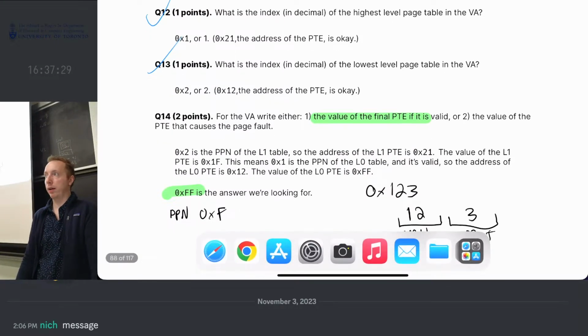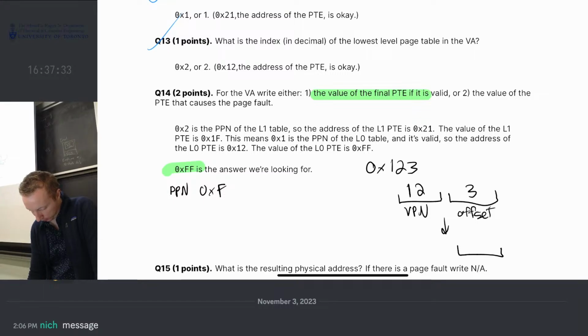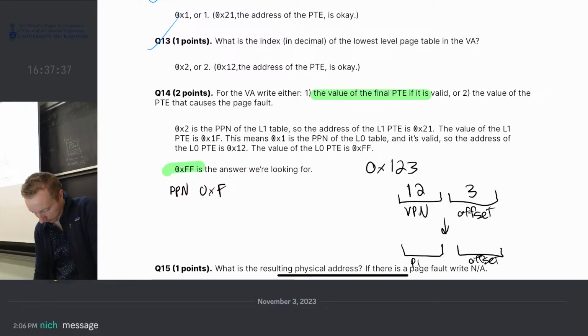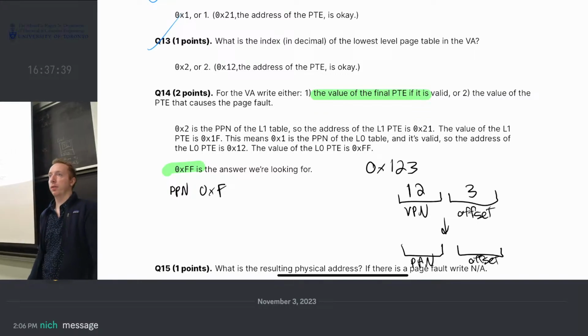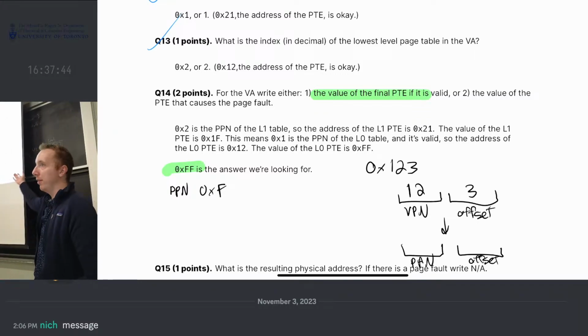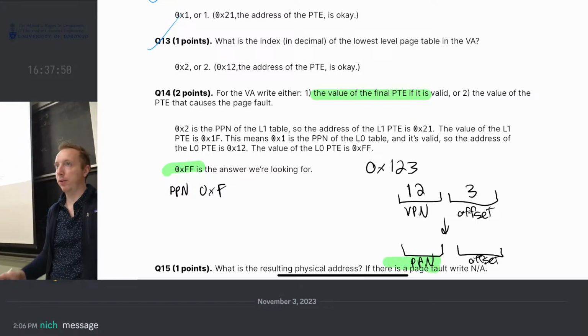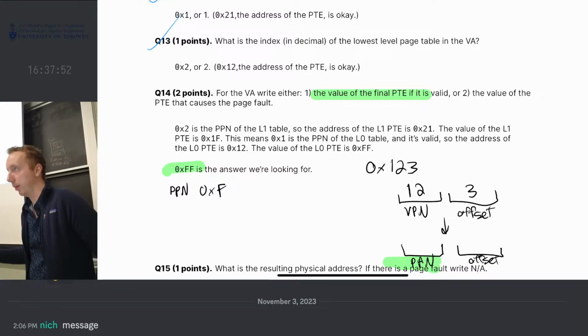And no matter what, when you're translating it, you're translating it to an offset and then a physical page number. So no matter how many levels of page tables you use, it's all the same idea. It's just how many steps you need to go through to actually get the physical page number that is your translation.